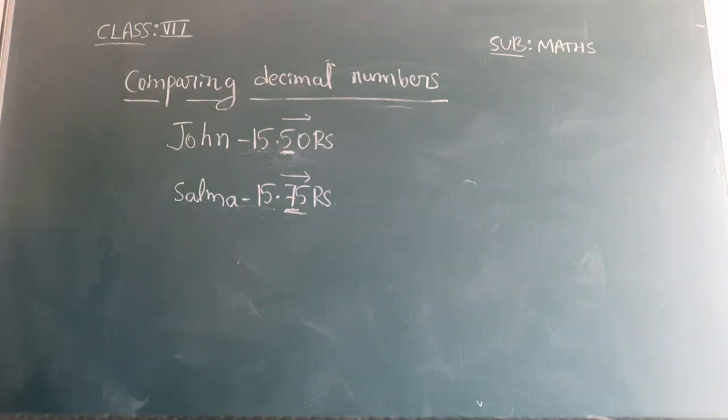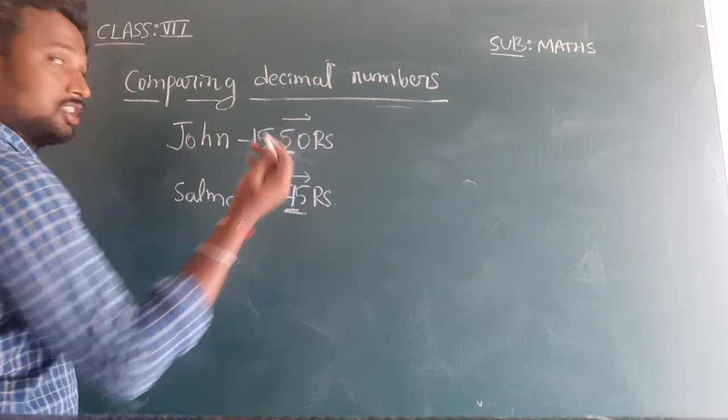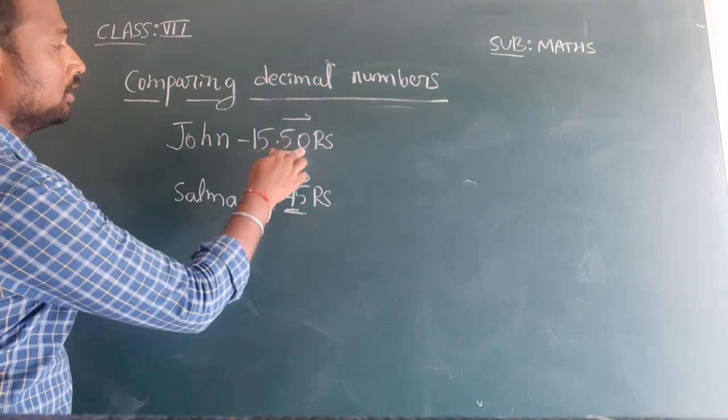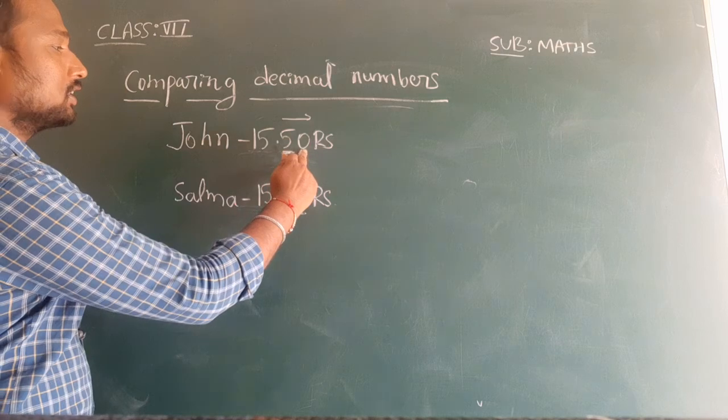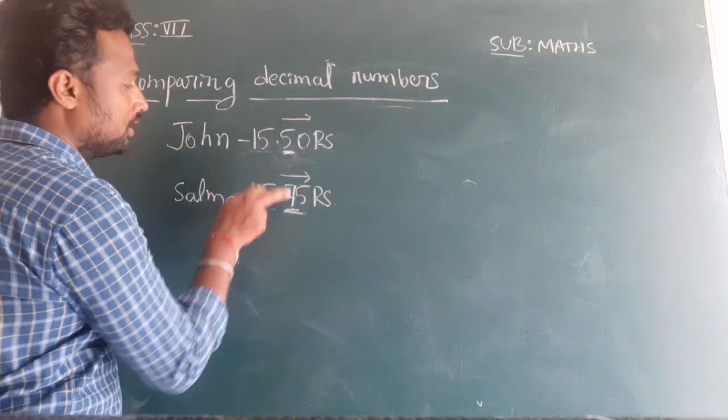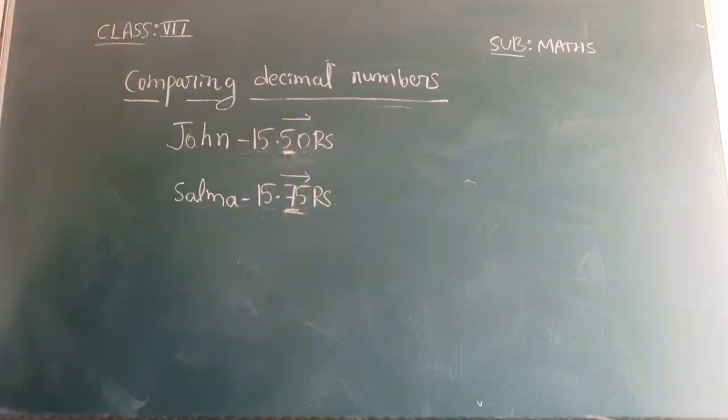If you get 7 here also, then you have to compare the hundredths place value, here 0 and 5. If you have the same number there also, then you compare the next value. Like this it continues.